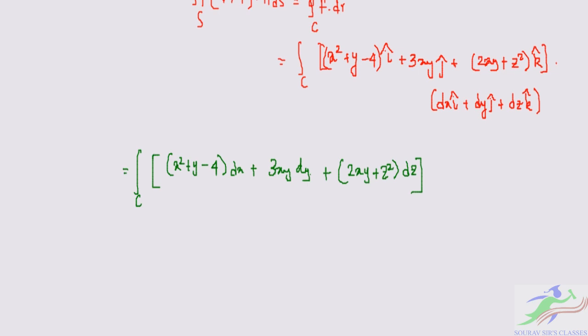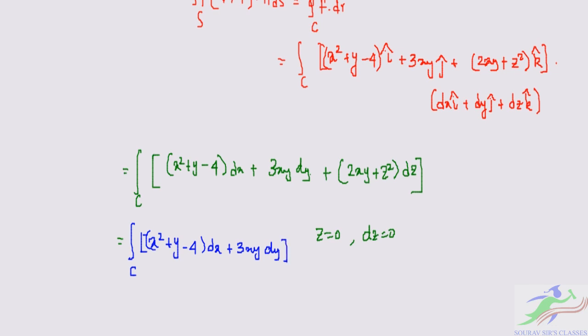Since it is on C, z is equal to 0 and dz is equal to 0, so we have the integral over C of (x square plus y minus 4) dx plus 3xy dy.